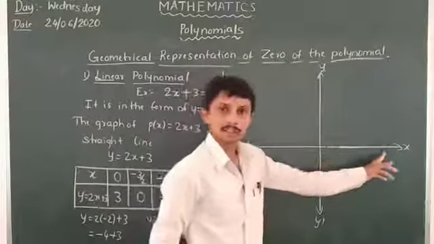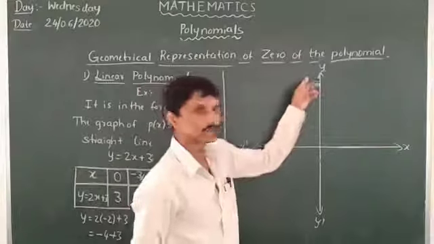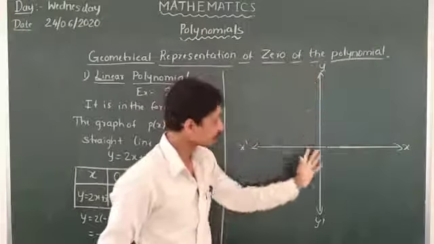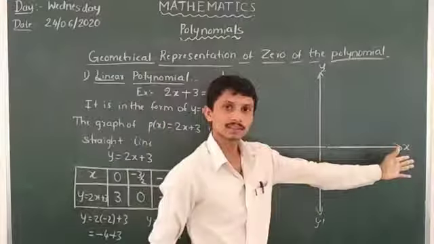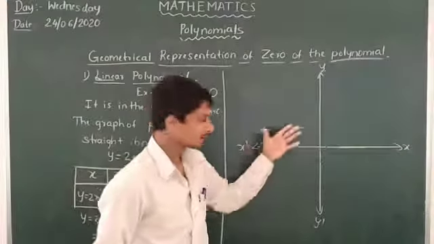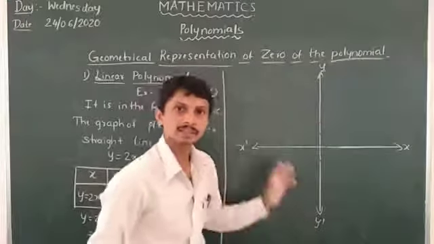Here we keep on taking positive integers and here negative integers, increasing on this side and decreasing on this side.